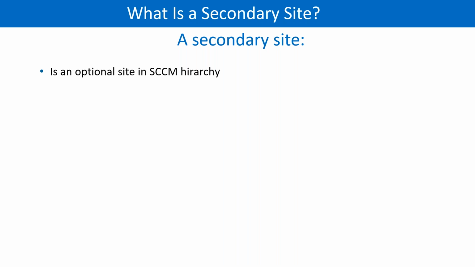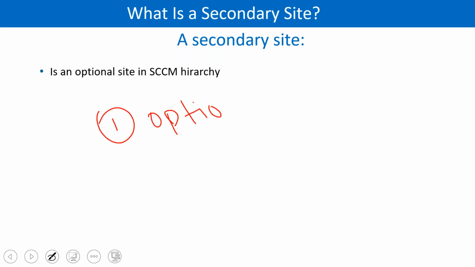Let's say there is a branch office in Chennai and the device count is only 50 or 80. We don't need a secondary site there. So it is an optional site, guys. You may or may not have it. Just like central, it is optional, but primary is mandatory.